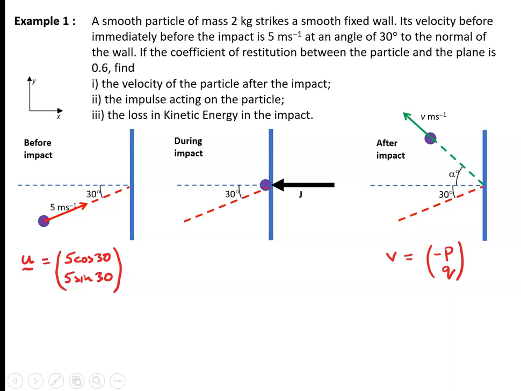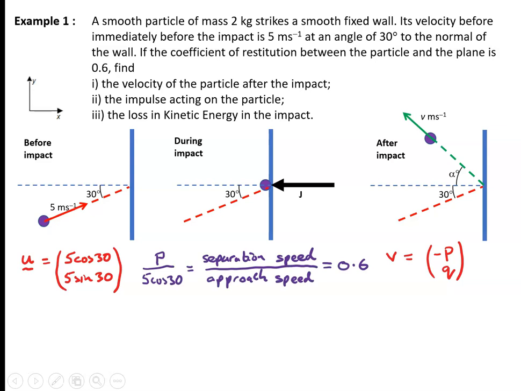Now, the speed of separation is p, the speed of approach is 5 cos 30, and we know the coefficient of restitution is 0.6. So we can write p divided by 5 cos 30 is equal to 0.6, which tells me that p must be equal to 3 cos 30.